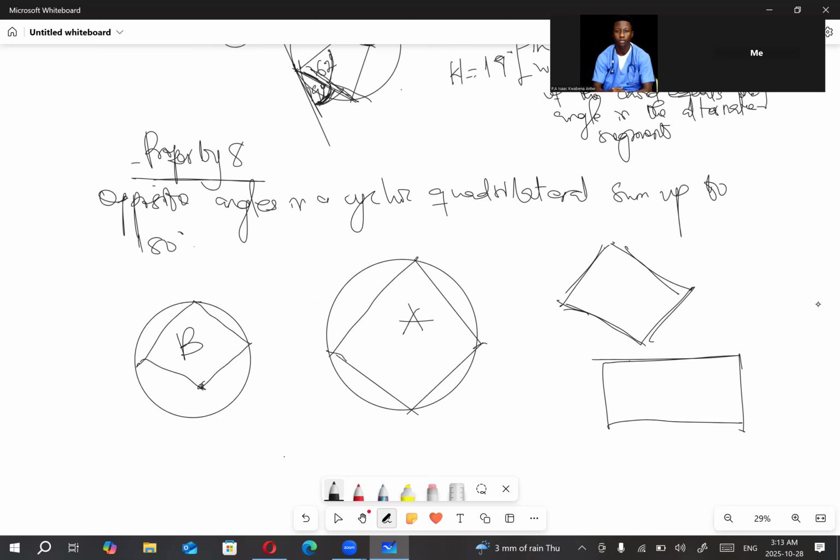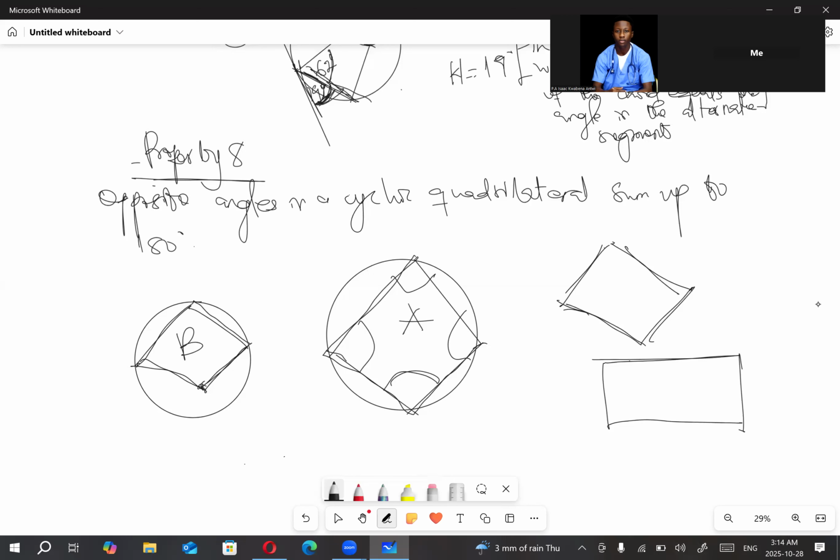So it must flow throughout, touching all points of the circumference. This is not flowing, right? So that's why it's not a cyclic quadrilateral. This property will not hold for diagram B, but will only be applicable in diagram A. So your quadrilateral must be cyclic, then you can apply this property.